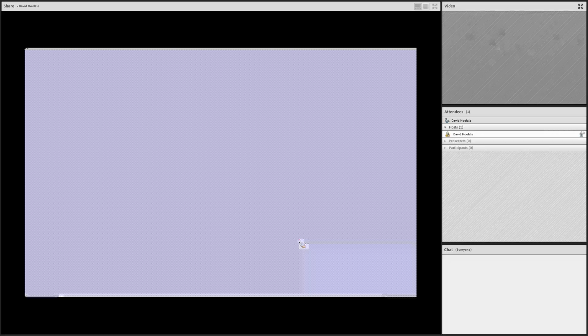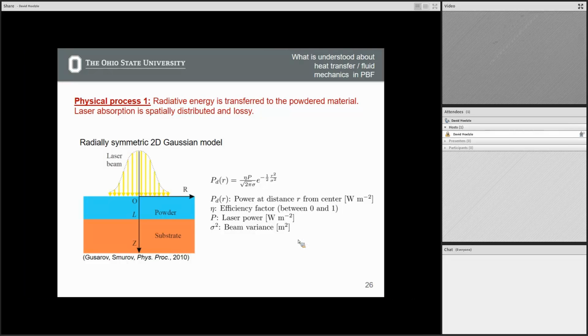We can look at something that's maybe a little bit more sophisticated, like assuming it has a Gaussian profile. So those of you who haven't heard the word Gaussian, this is synonymous with a normal distribution for the energy, or a bell curve, right, is another way that people describe this. Okay, so what this is saying is that you have the highest laser intensity at the very center of that spot.